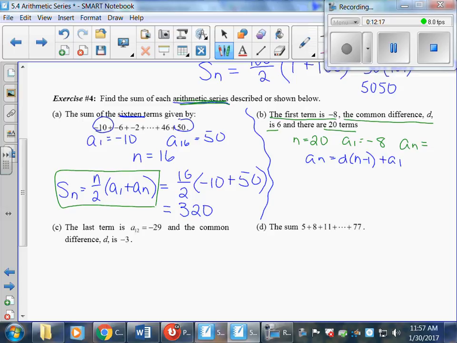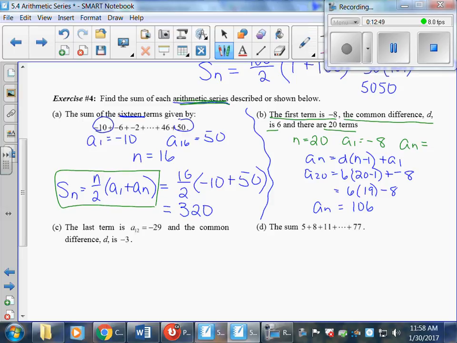We're looking for 20 terms, so a sub 20 is equal to the common difference, 6, times n, which is 20, minus 1, plus a sub 1, which is negative 8. So it equals 6 times 19 minus 8. This turns out to be 106, so a sub n is equal to 106.